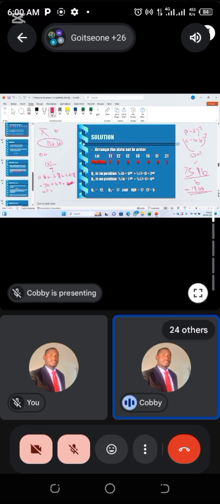The answer that you find, like 11 minus 14.4, what is it?